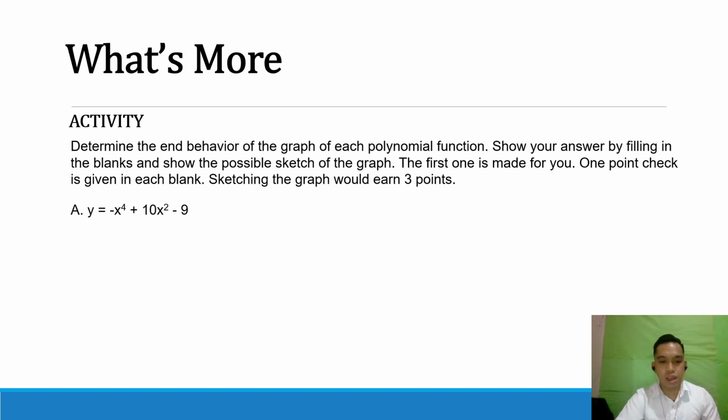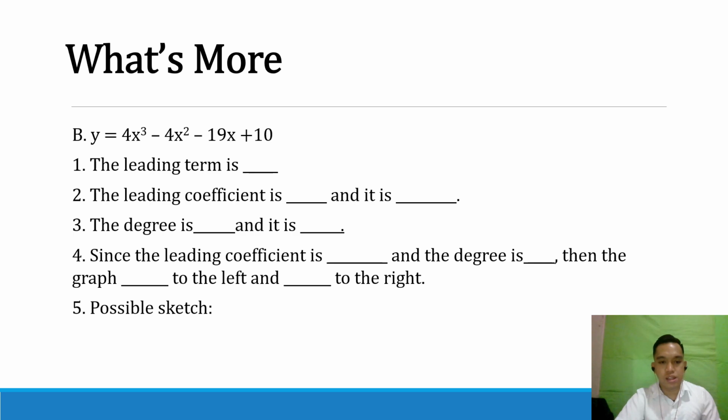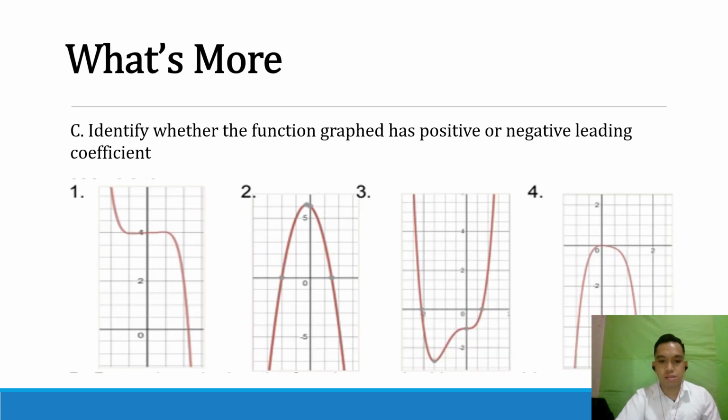Okay, so we have letter A, y equals negative x raised to 4 plus 10x squared minus 9. So it's already been answered. Yan yung kanyang possible sketch ng kanyang graph. Okay? So gayahin nyo lang yung letter A. So ganyan ang inyong gagawin dito sa letter B. Then, after ng letter B, identify whether the function graph has positive or negative leading coefficient.